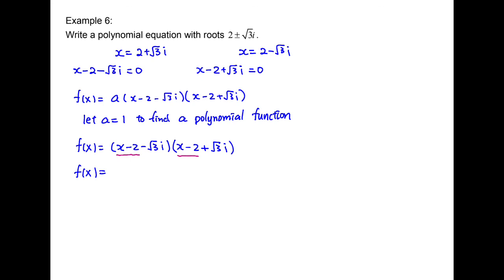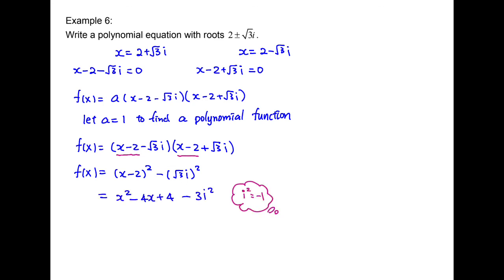That means the expanded form will be a squared minus b squared. Now the expansion will become a lot easier. This is a perfect square, and root 3i whole thing squared will become 3i squared. And we know i squared is negative 1. Substitute negative 1 into the i squared, collect the like terms, and simplify. We will get x squared minus 4x plus 7 as our polynomial equation.